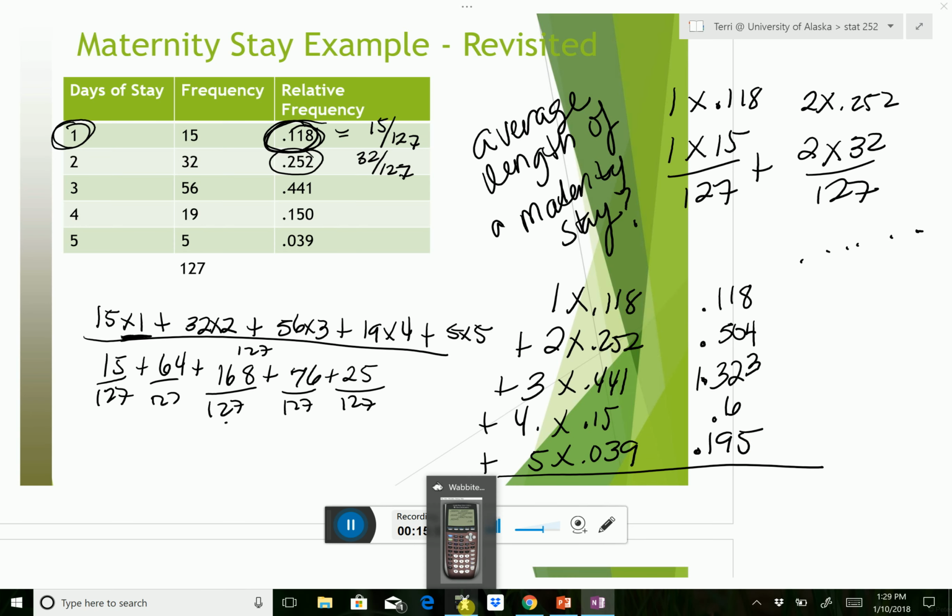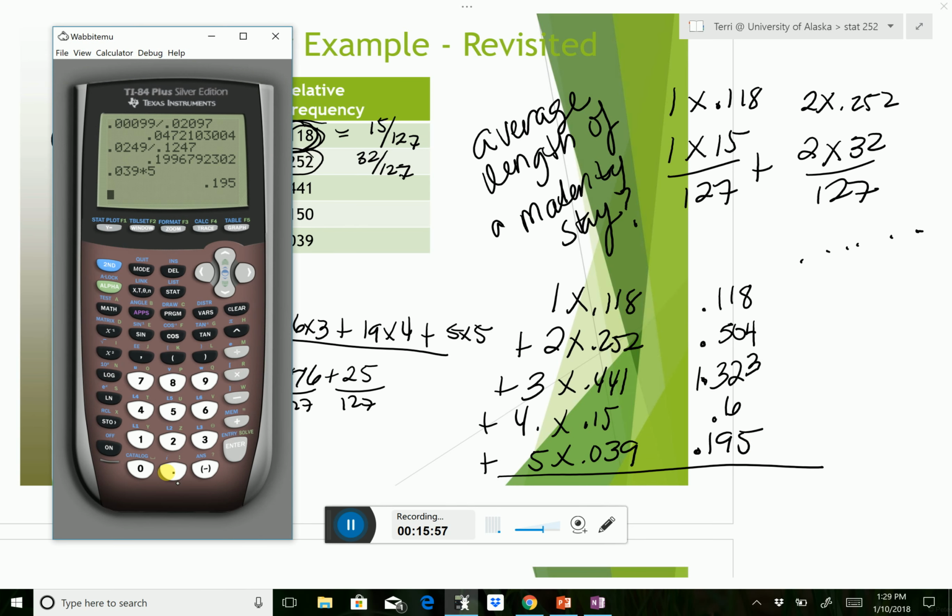And now if we add all these up, plus 0.6 plus 0.195, we get 2.74.